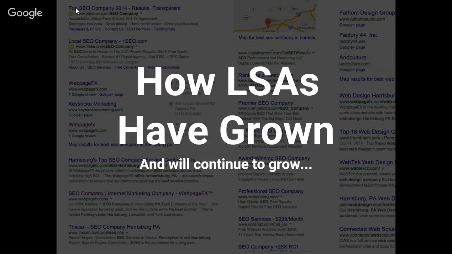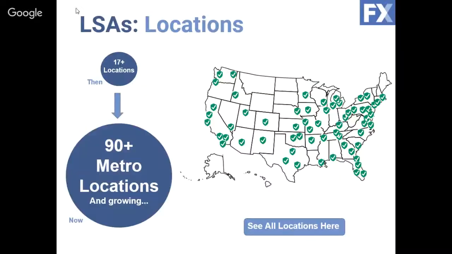So next here, shifting gears a little bit, taking a look at how local service ads have already grown so much just in the past 12 months since being launched from beta, and how it will likely continue to grow. First and foremost, taking a look at the expansion of locations for local service ads.